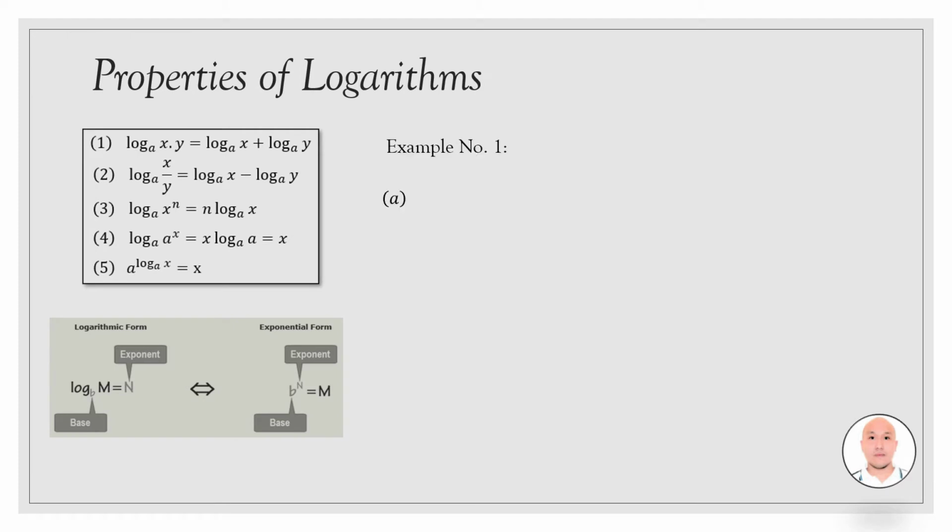Sample number 1, log_10 x is equal to 4. So we have a basic formula here. 10 is the base, 4 is the exponent. Thus, x is equal to 10 raised to the 4th, or equal to 10,000.